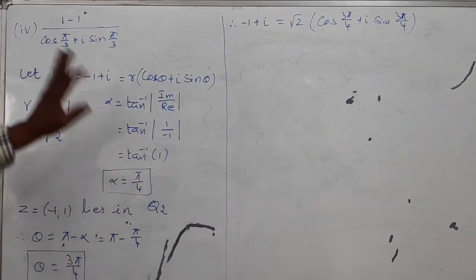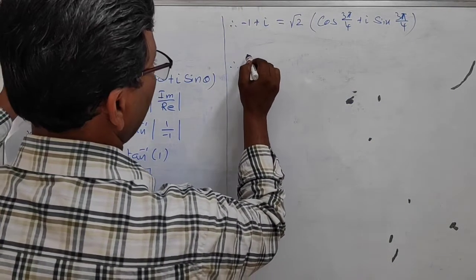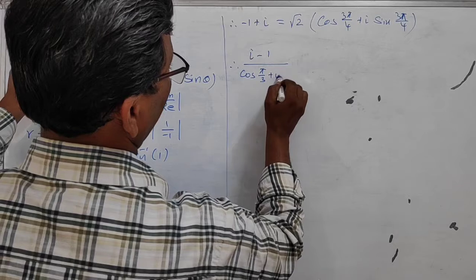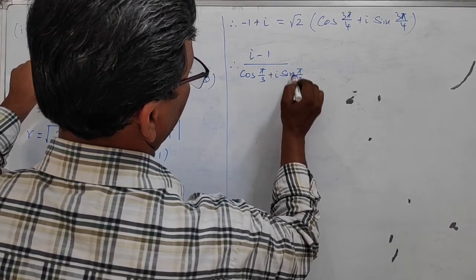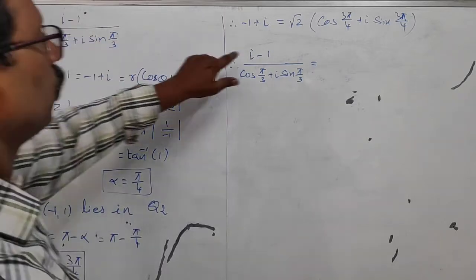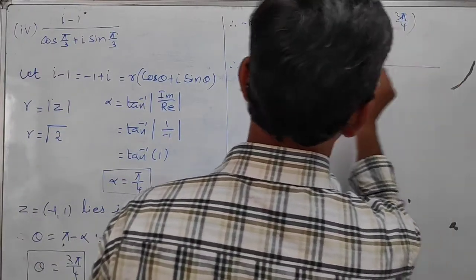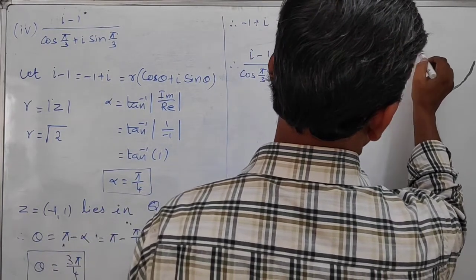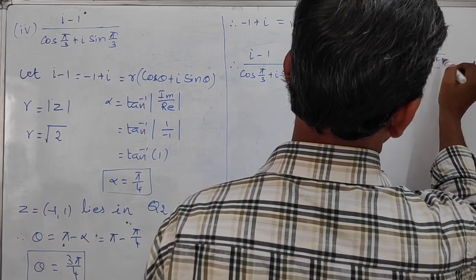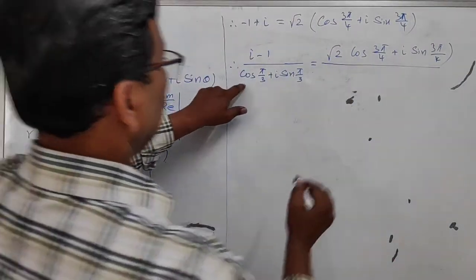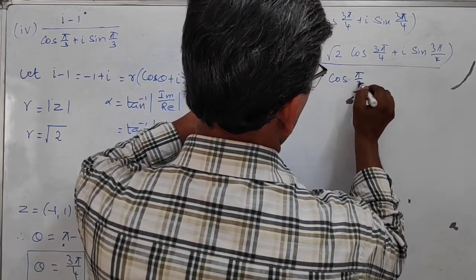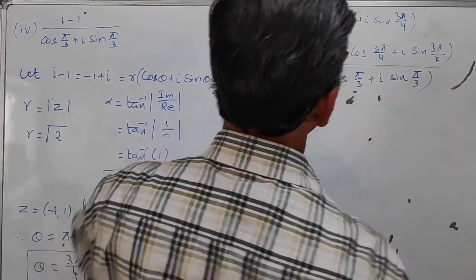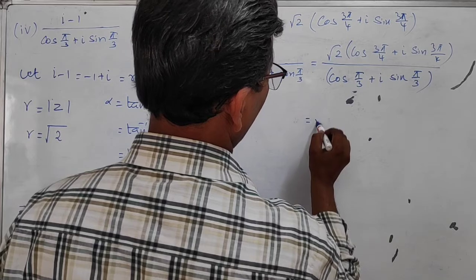After writing this, we can rewrite: minus 1 plus i by cos pi by 3 plus i sin pi by 3, which is equal to root 2 into cos 3 pi by 4 plus i sin 3 pi by 4, divided by cos pi by 3 plus i sin pi by 3.